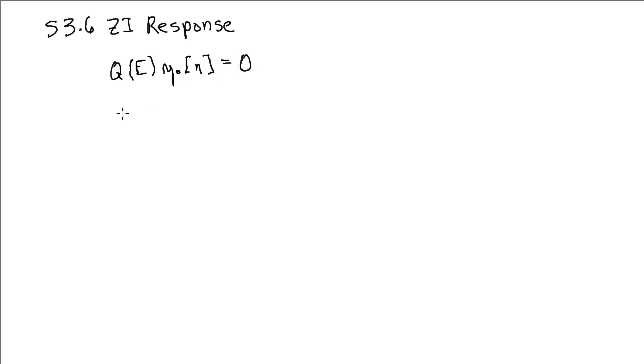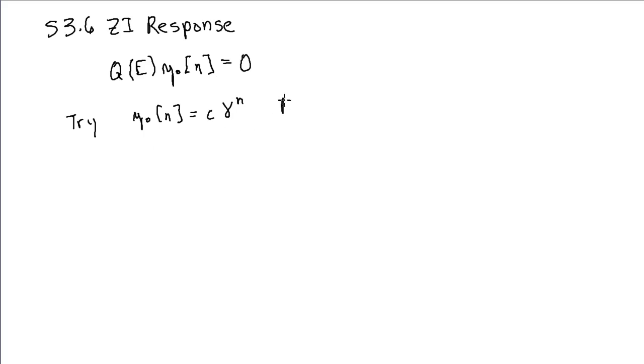So since y0 of n, E y0 of n, and E squared y0 of n, and so on and so forth must have the same form, we'll try a solution of the form y0 of n is equal to c gamma to the n. So again, we'll try as a solution an exponential discrete time signal.